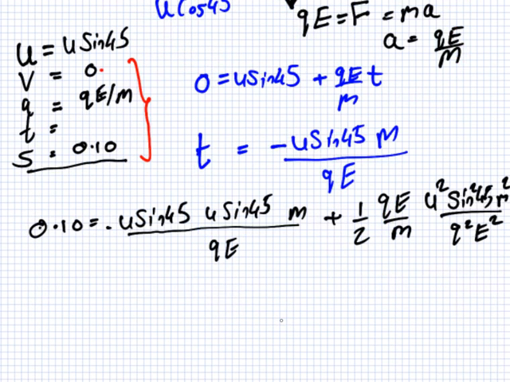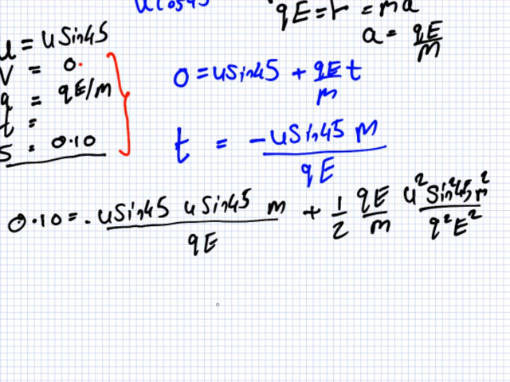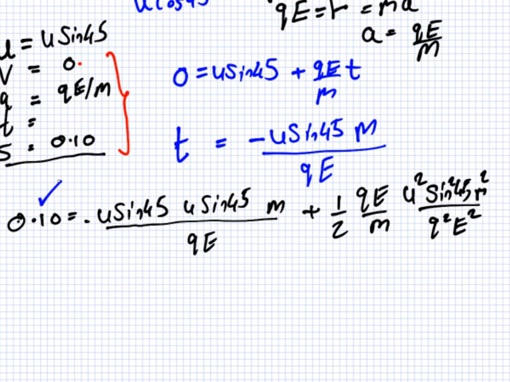So let's look at what numbers we know and what we don't know. We know the distance here. I could give you the u, so that will be okay. The sine 45 we know, the m we know, the q we know, the e we don't know. The half we know, the q, the m, the u we know, and that we don't know.